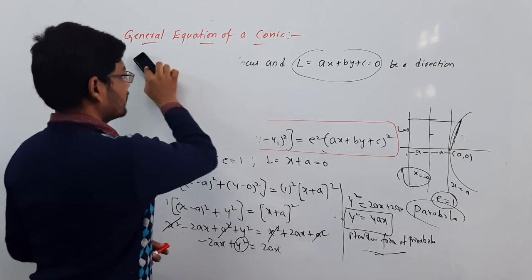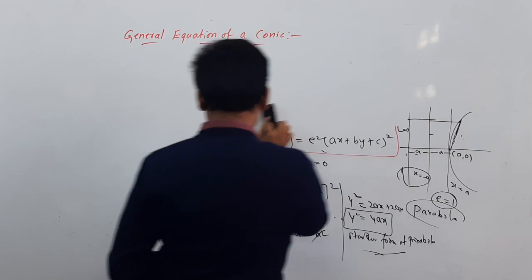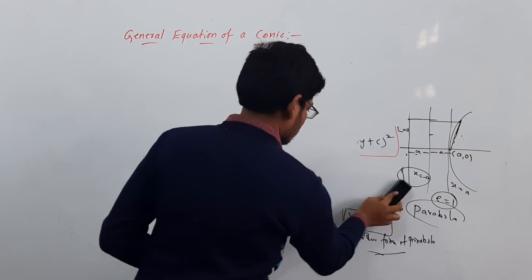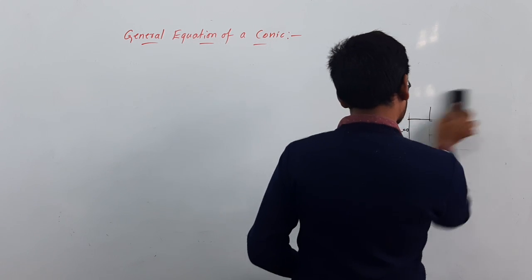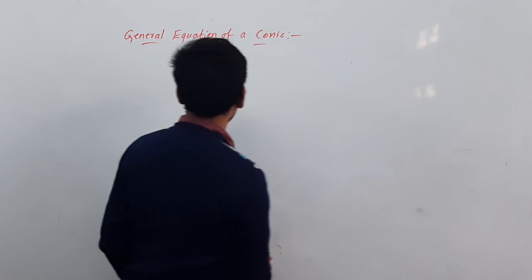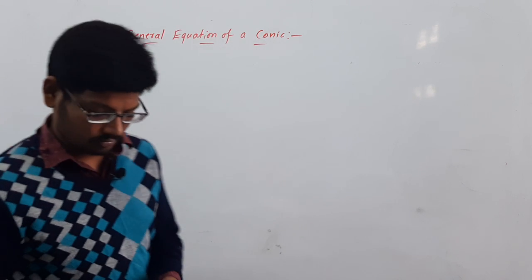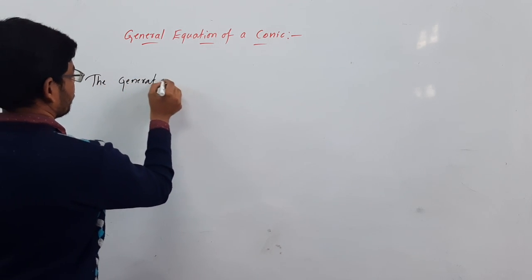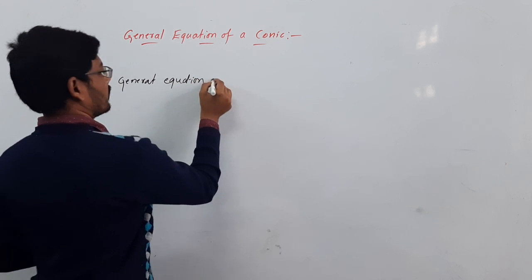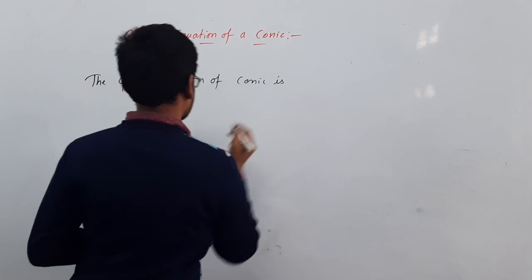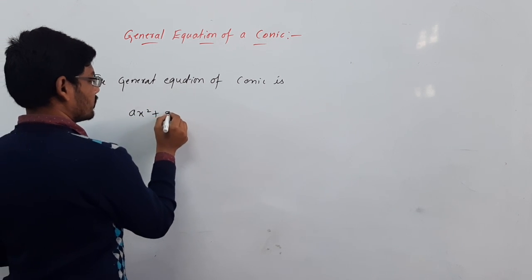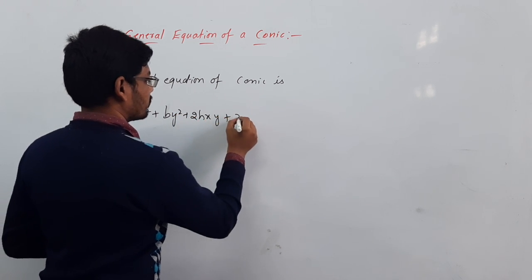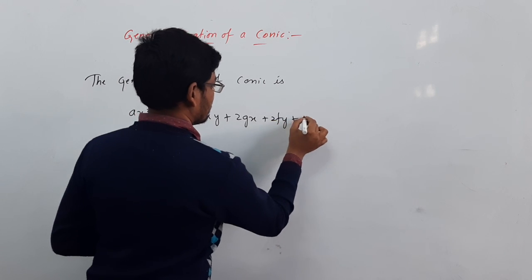The general equation of a conic is ax square plus by square plus 2hxy plus 2gx plus 2fy plus c is equal to 0.